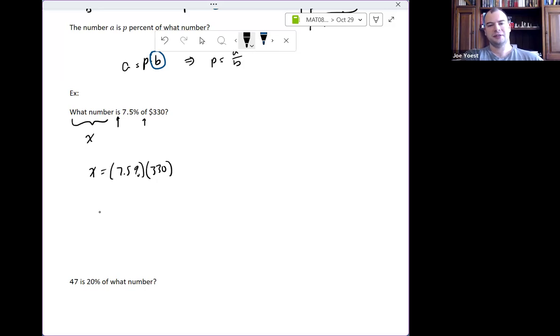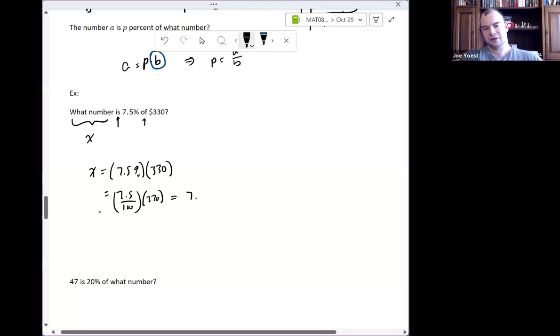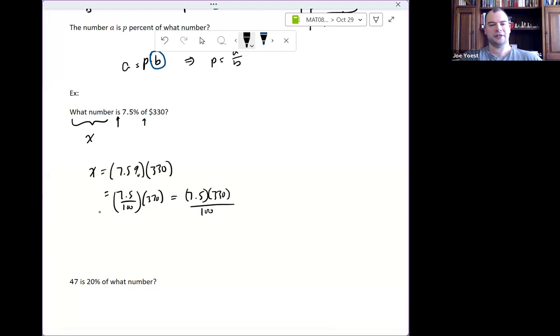So 7.5% times 330. Well, I guess there's a couple ways I could approach this. I could make this 0.075 times 330. I can maybe be a little slicker. This is 7.5 divided by 100 times 330, or that's 7.5 times 330 divided by 100, or this is 7.5 times 330 divided by 100.